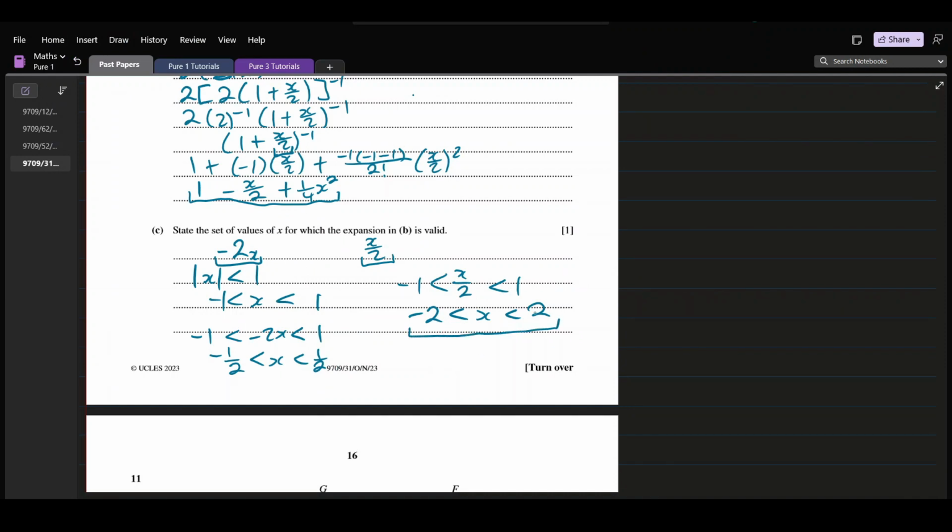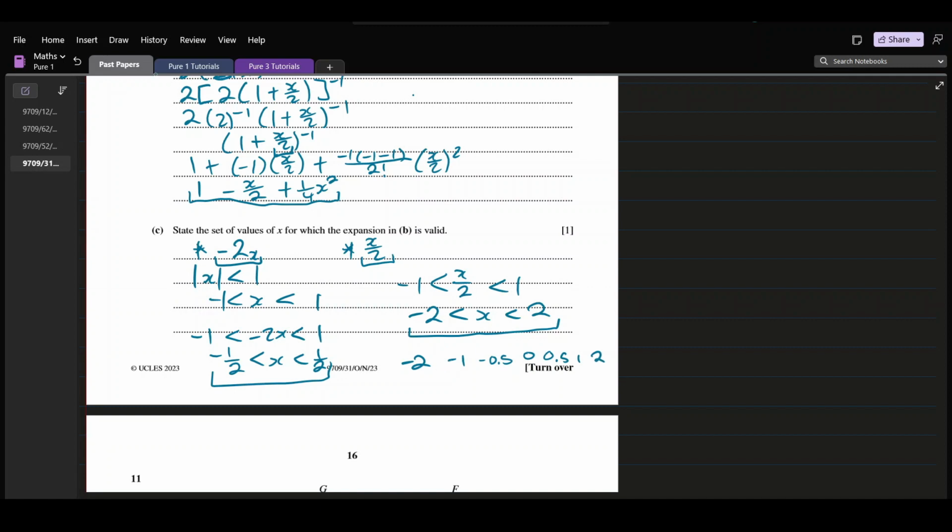This is when x is being substituted with x over 2, and then when x is being substituted with negative 2x. Now, if we are to draw this on a number line, let's say negative 2, negative 1, and say negative 0.5, that's negative half, will be somewhere there, and then 0, 0.5, 1, 2.